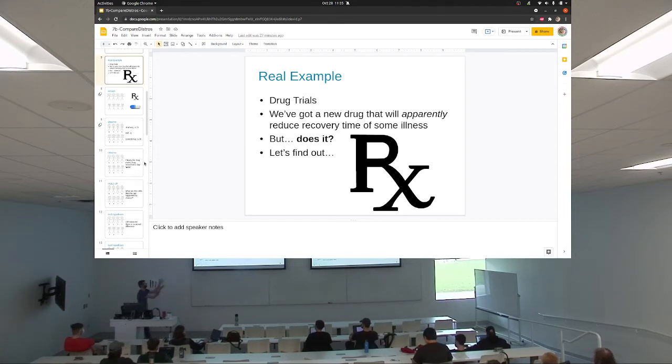We've got a new drug that apparently is going to help recovery time for some illness, but the question is, does it? Has anyone ever read the description of the little thing you put on canker sores or cold sores? What's it called? What's that little medication people always put?